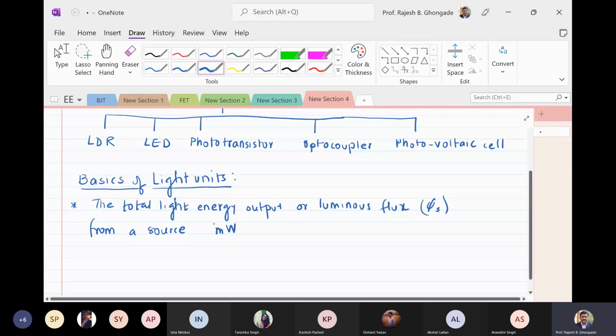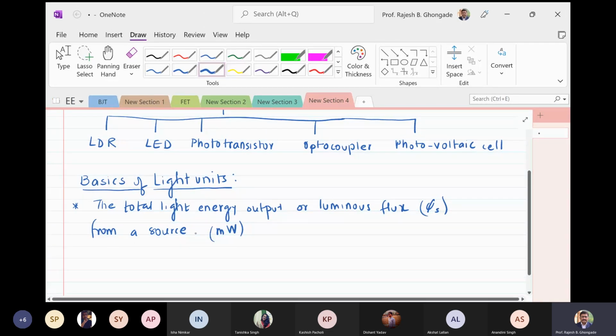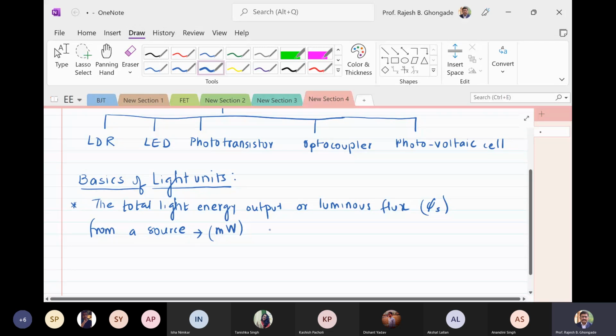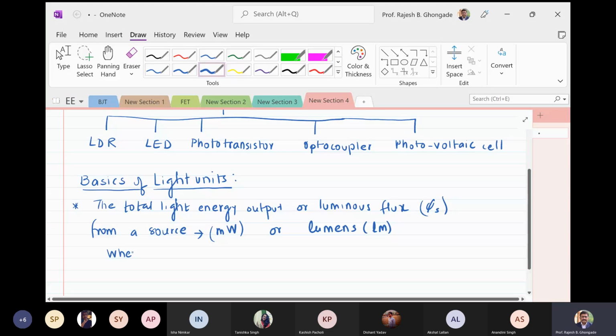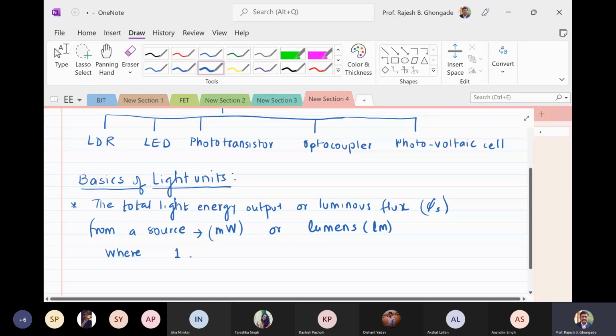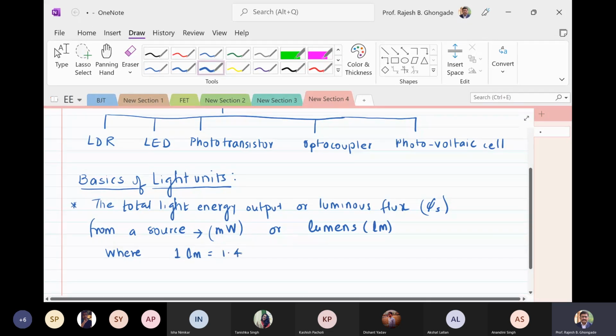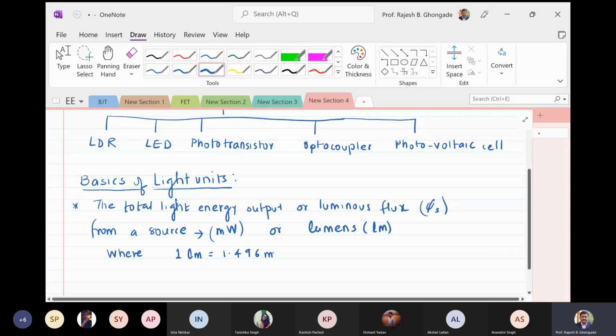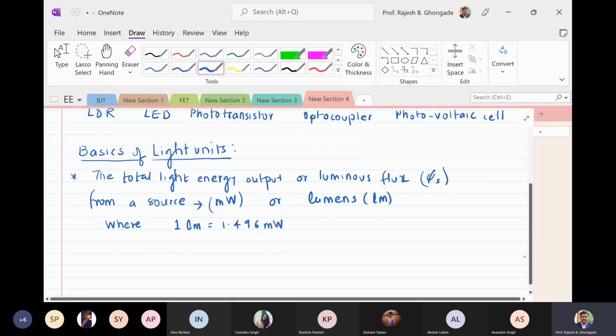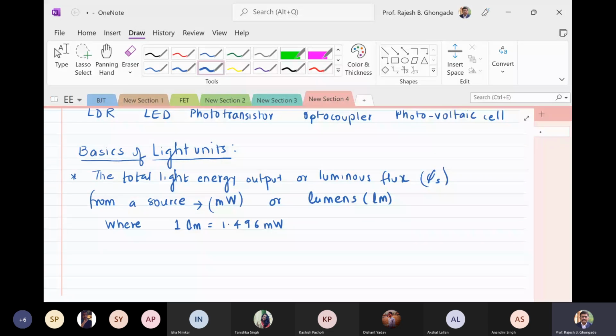So this is measured in milliwatts, or also in lumens, LM for short, where, look at the conversion properly, 1 lumen is equal to 1.496 milliwatt.